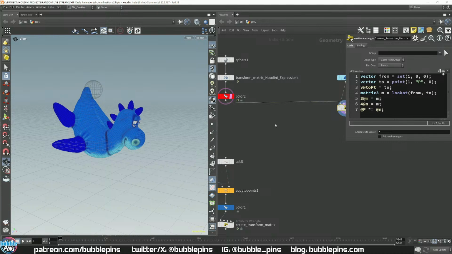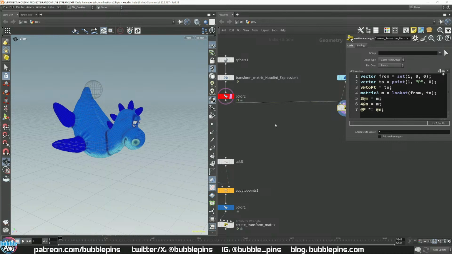Today we're gonna talk about the look at rotation matrix. Now, in the previous session I talked about the transformation matrix, and we manipulated the transformation matrix in the transform node by using Houdini expressions.